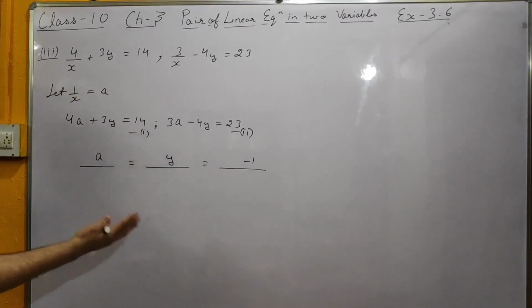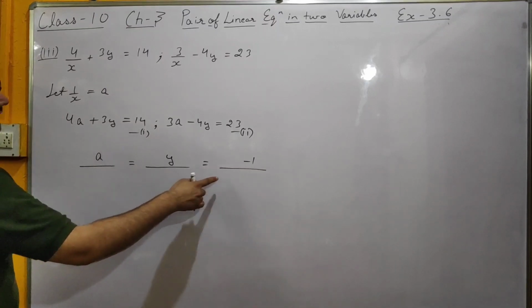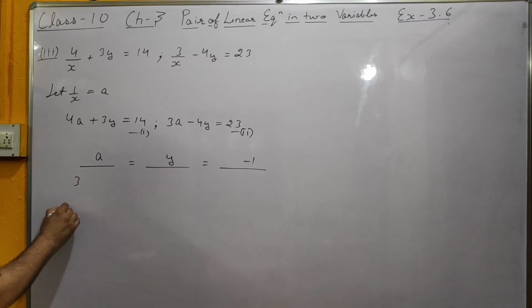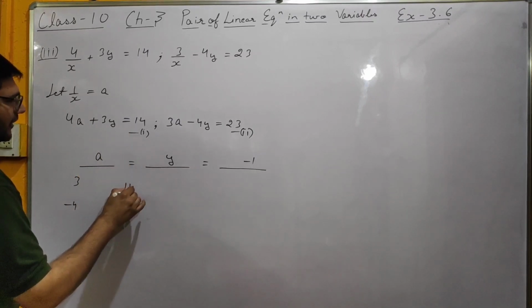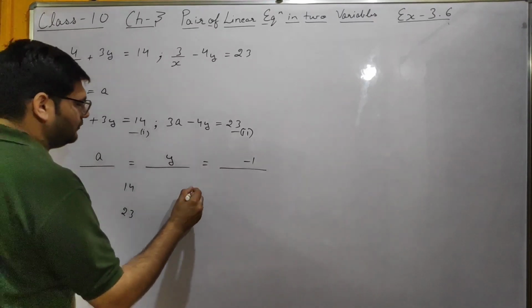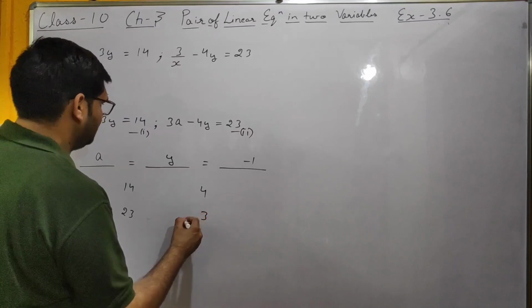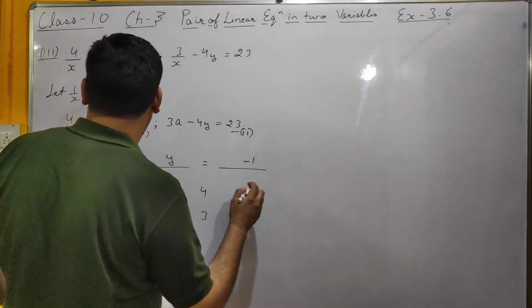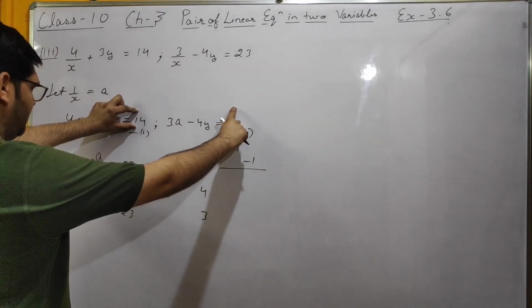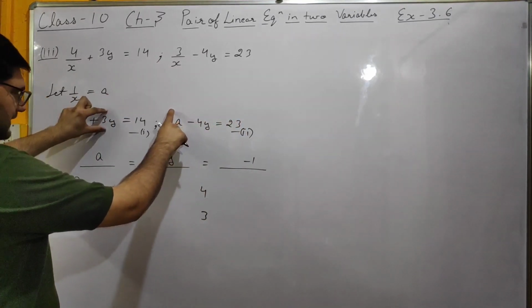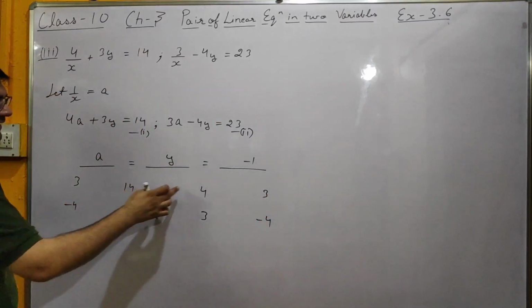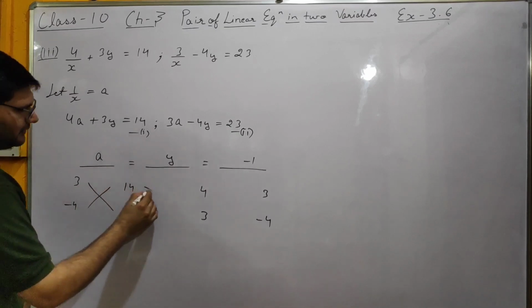Now you know the formula, B, C, A, B. So I'll write directly 3, minus 4, 14, 23, then 4, 3, 3, minus 4. Now just cross multiply them.